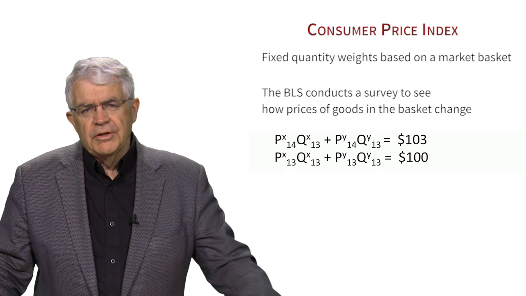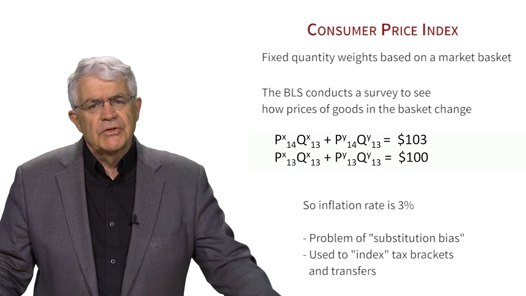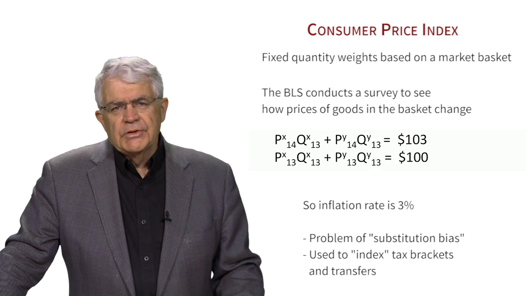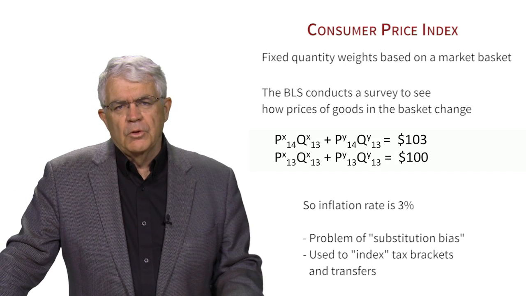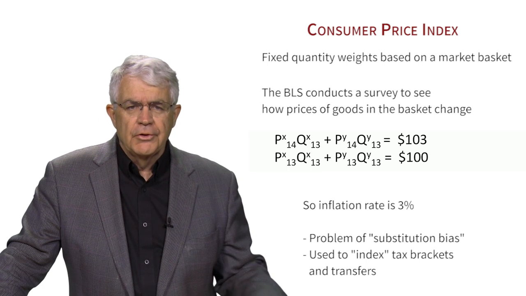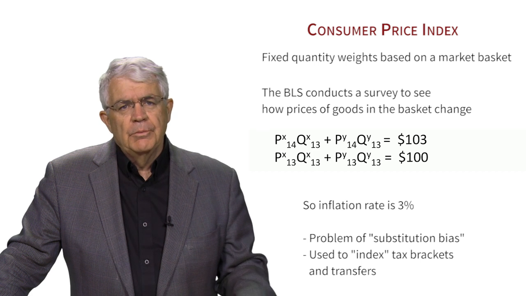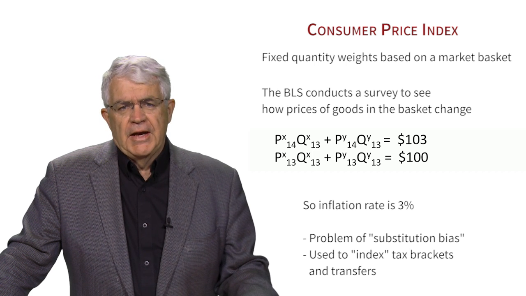There's one little problem with it that you have to face, and that is it's kind of a substitution bias, economists call it. And that's because when the price of an item rises, usually you expect that the quantity consumed of that item will fall. And if the price of an item itself falls, you would assume that the quantity produced of that item would increase. But with fixed quantity weights, you don't let that happen.